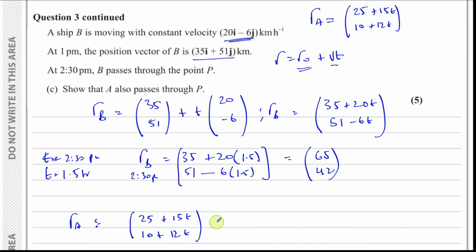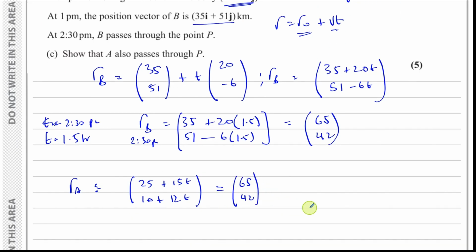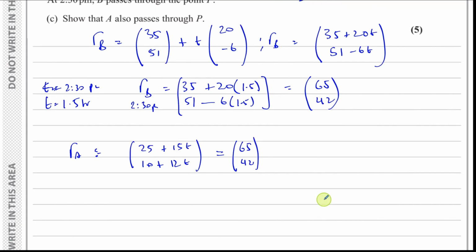Now, if it does pass through this point, then there's going to be a value of t which will give us 65, 42, and it should be the same value of t for both the i and j components. So if we have a value of t that solves this equation, and the same value of t solves this equation, then we know that A passes through the point.